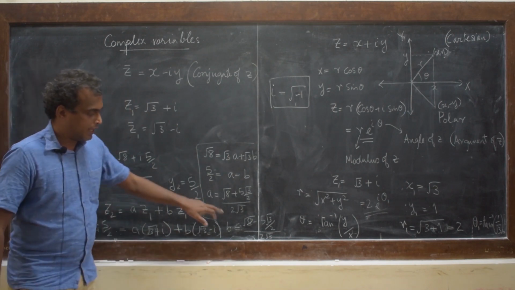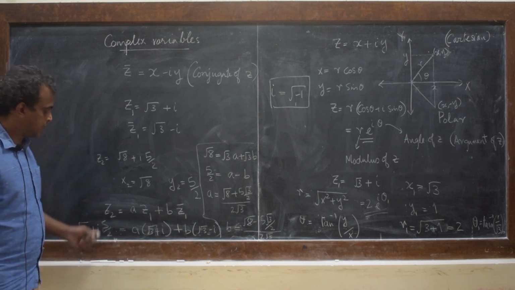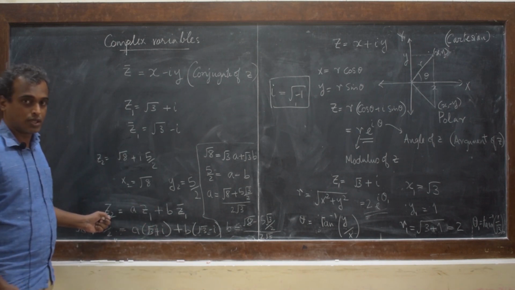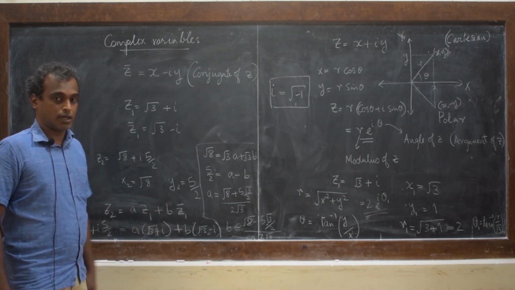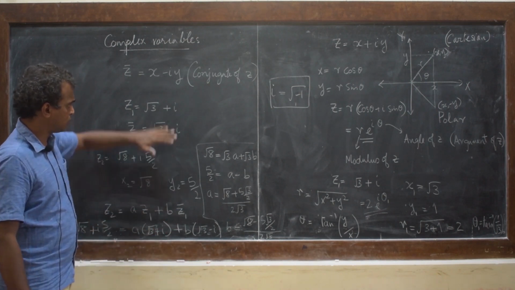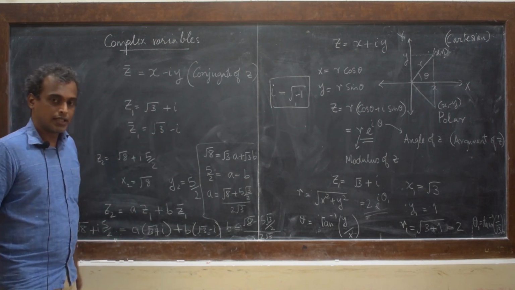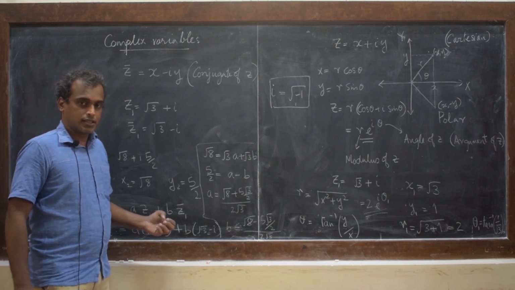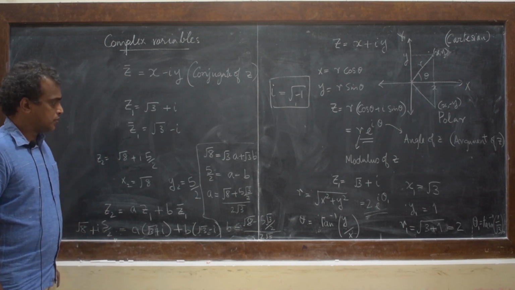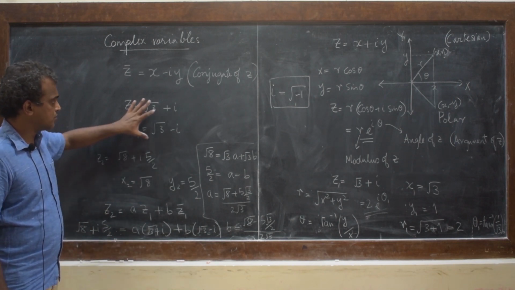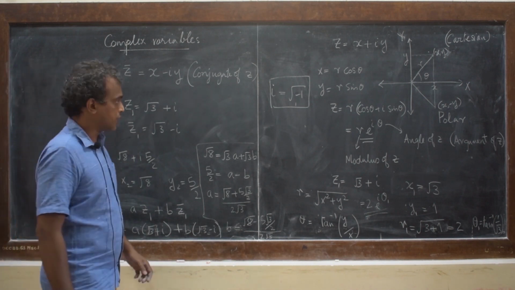So, having known what A and B are, we are now assured of the fact that a complex number z2, which we have chosen arbitrarily, can be written in terms of z1 and z1 bar, where z1 and z1 bar were also chosen earlier in this form. So, this shows that I could write an arbitrarily chosen complex number z2 always in terms of a complex number and its conjugate.